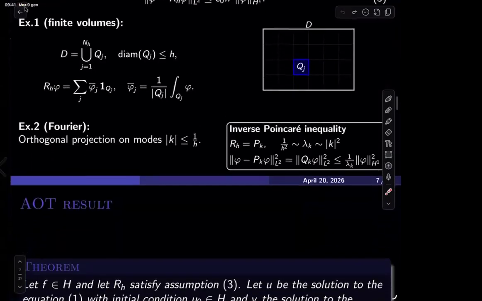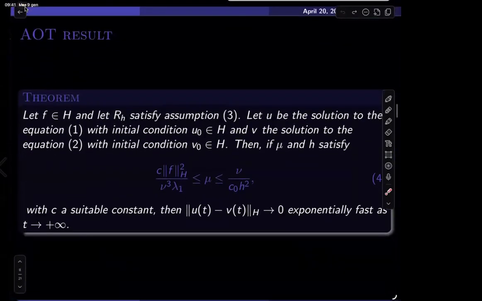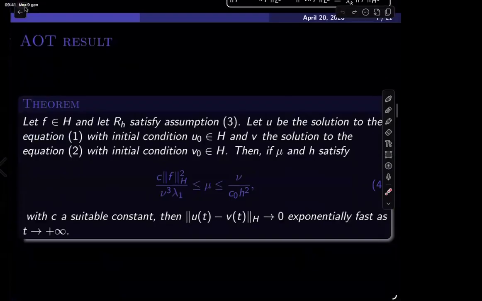Okay, so what is the result proven in the paper by Azouani, Olson and Titi? They prove this result here. They consider a suitable forcing term that belongs to H and consider an interpolant operator that satisfies the interpolant inequality that I just commented.